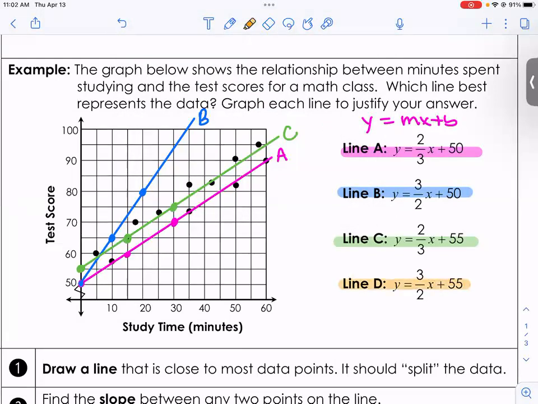Okay, line D. We have a y-intercept again of 55, but now our slope is up 3/2, up 3/2.